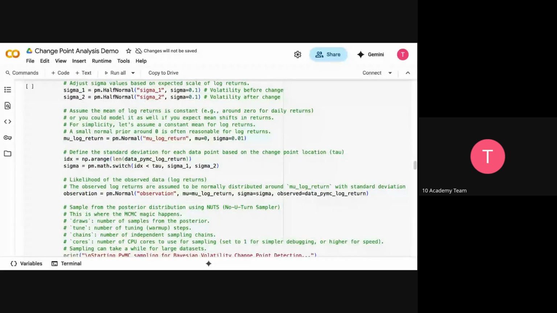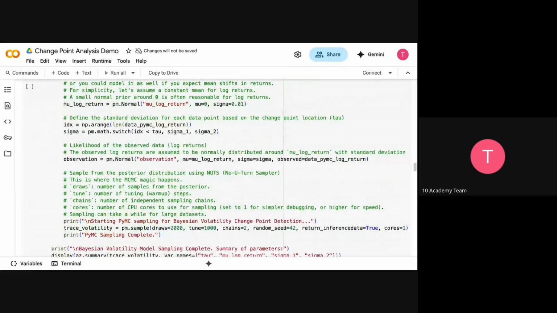Here I'm just making them use the normal return, assuming that the mean of the log returns is constant or around zero, because I can assume this since I have used the log return instead of the real data.